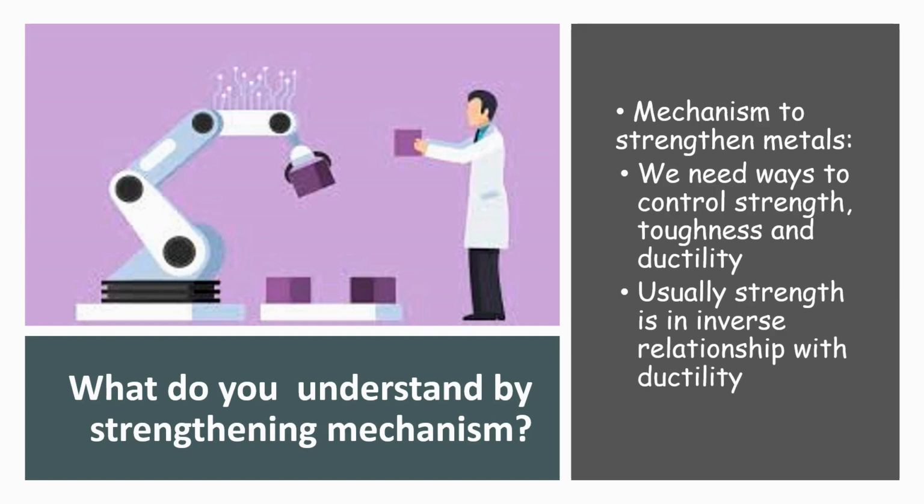So how are strength and ductility related? If you can still recall what we learned in the previous chapter, generally strength and ductility for most materials have an inverse relationship.